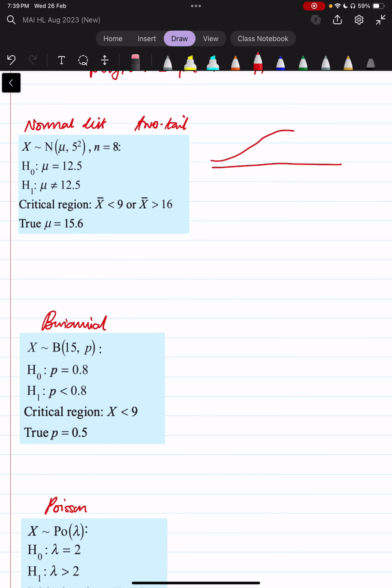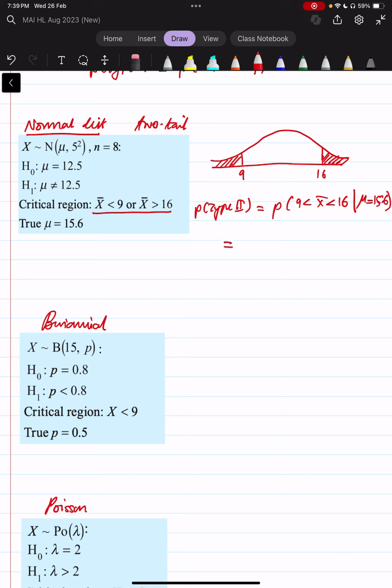Now, the two-tail test. What do you do in a two-tail test? Your critical regions are given: less than 9 and greater than 16. Fine, two-tail. For the probability of type 2 error, you find the probability that you accept H naught. You'll accept H naught when your sample mean lies between 9 and 16, given that your alternative mean is correct, 15.6.